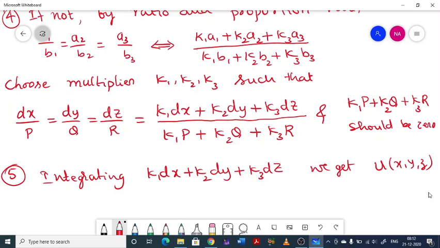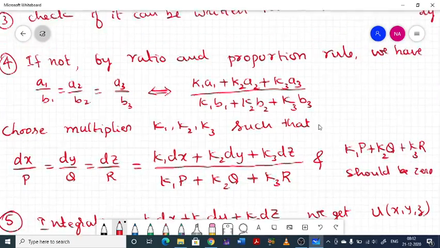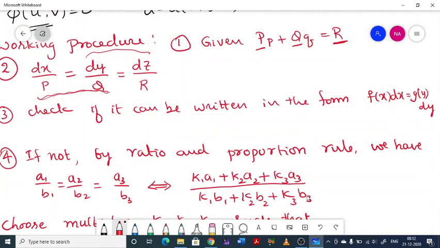So the final solution will be phi of u comma v equal to 0. So this is the working procedure. So given the linear PDE, first you have to identify capital P, capital Q and capital R, comparing the given equation with this, to get capital P, capital Q and capital R.